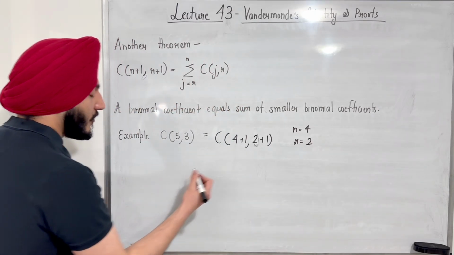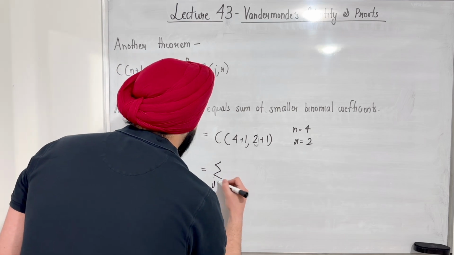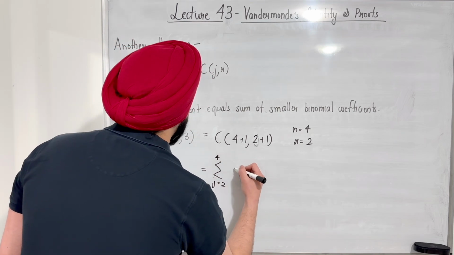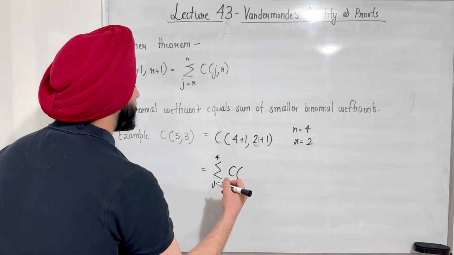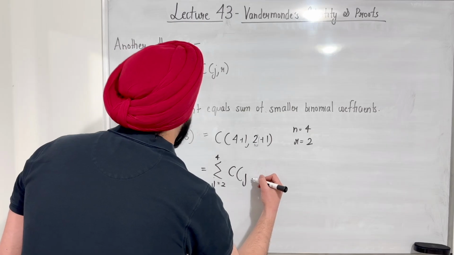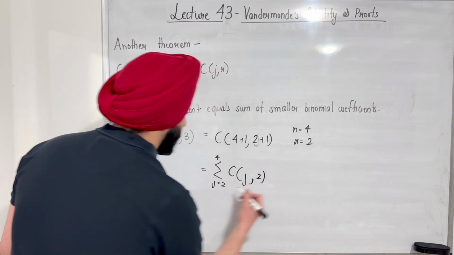Right? So if you try to solve it, you'll get the sum of C(j, r), meaning j from 2 to 4, all the way up to n. r in this case would be the value 2.